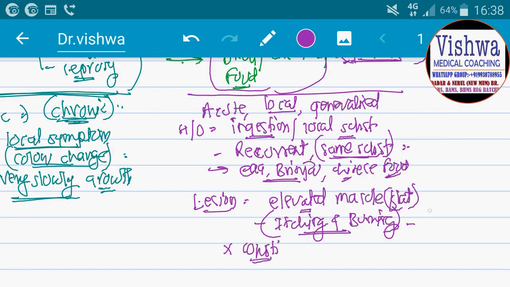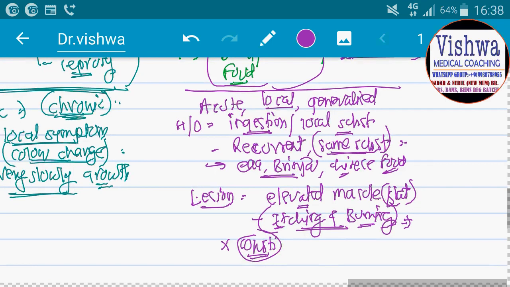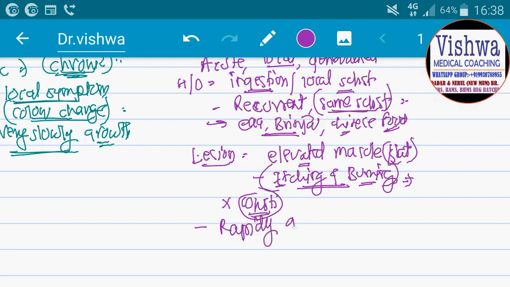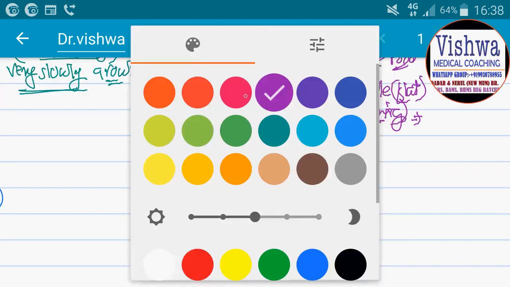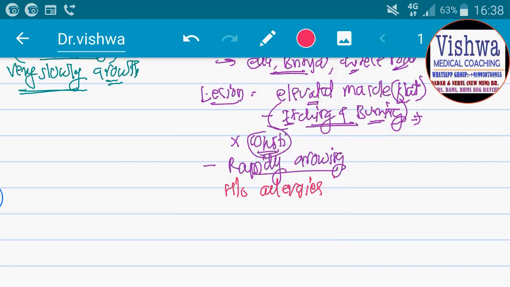No fever, no body ache, and the patient gives a history of ingestion or application of the substance without any constitutional symptoms, and it is also rapidly growing. Patient can also have a history of similar allergies in the family. History of similar allergy in family members, that can be a possibility.